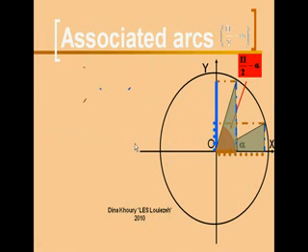So we notice that this here is cosine pi over 2 minus alpha, and it's equal to this side, which represents sine angle alpha. So we get this formula: cosine pi over 2 minus alpha equals sine alpha.